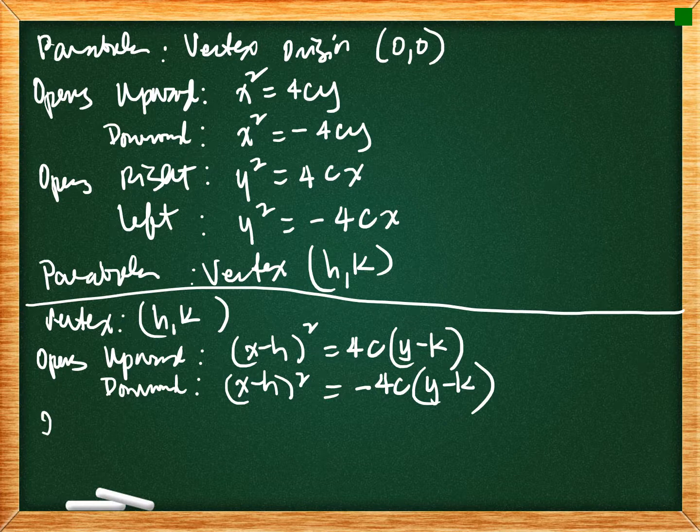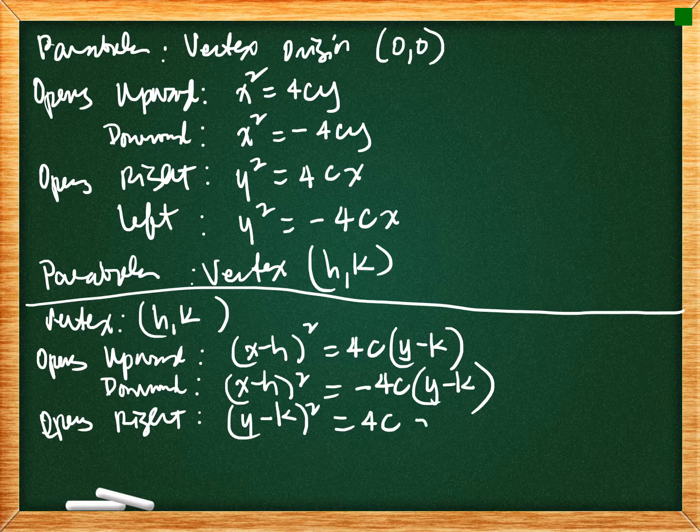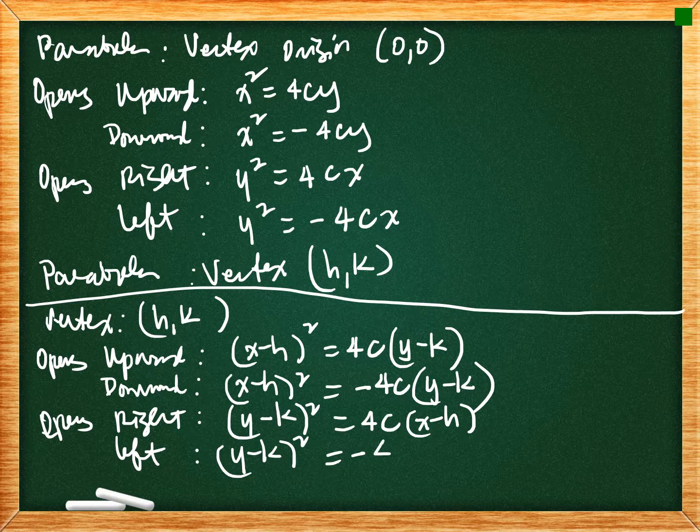And when it opens to the right, this would be y minus k quantity squared equal to 4c times x minus h. And when it opens to the left, this would be y minus k quantity squared equal to negative 4c times x minus h.